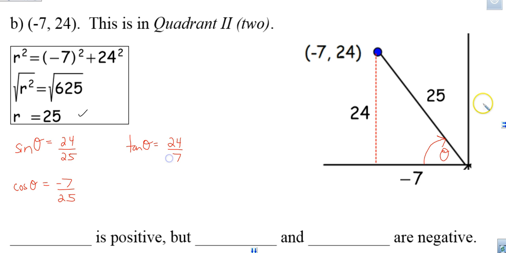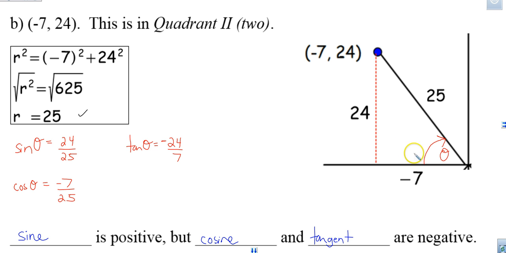But let's be careful not to have any negatives in our denominator, so I'll change that to negative 24 over 7. What you'll notice here is what these have in common, or what they don't have in common. Cosine and tangent ratios are negative, and the sine ratio remains positive. So sine is positive, but cosine and tangent are negative.